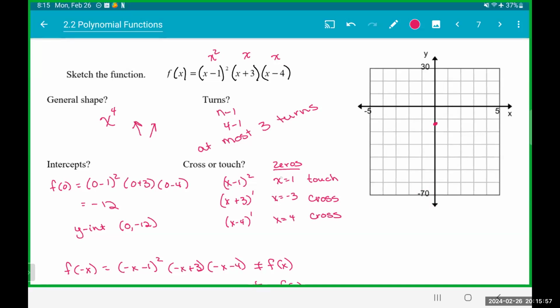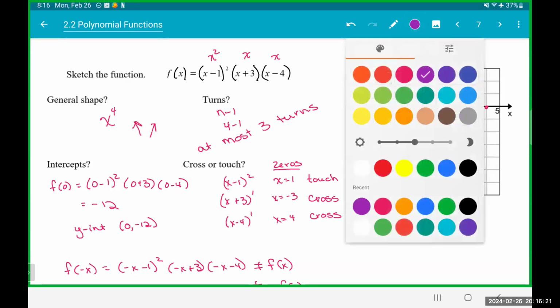We can also plug in our zeros. We have a 0 at x equal to 1, a 0 at x equal to negative 3, and a 0 at x equal to 4. We also know that at x equal to 1, we're just going to touch and not cross the axis.